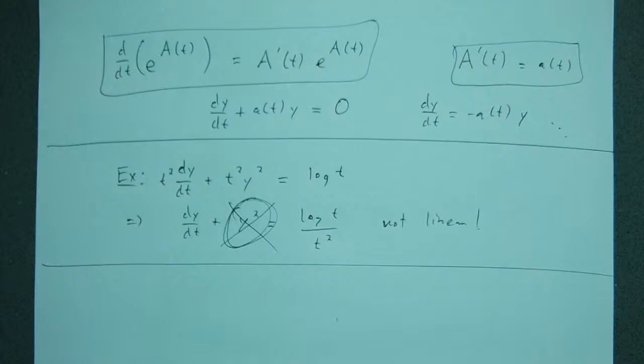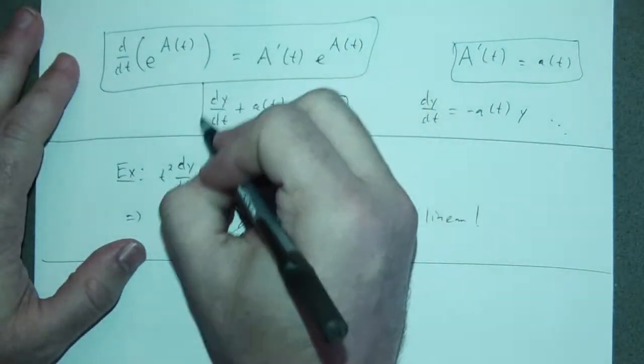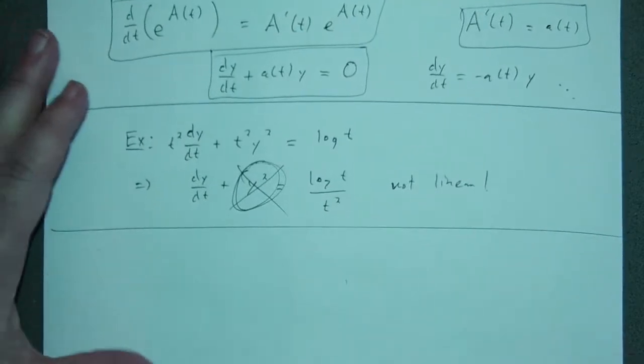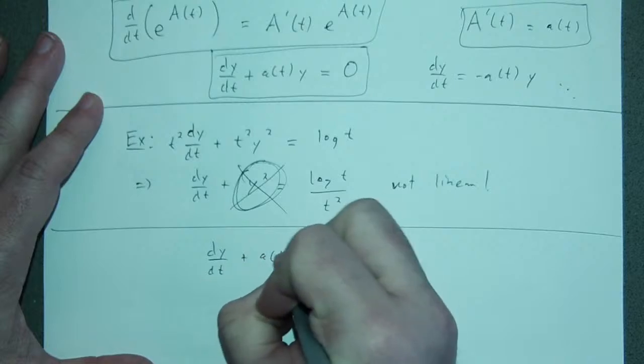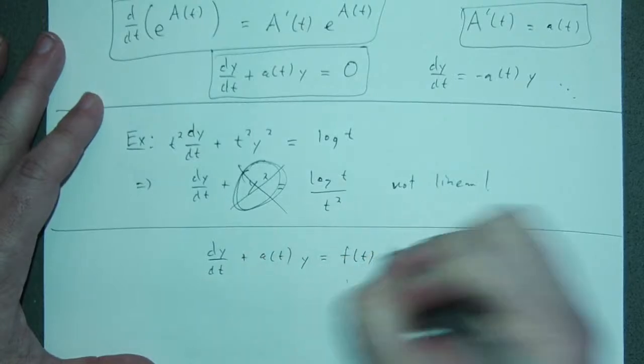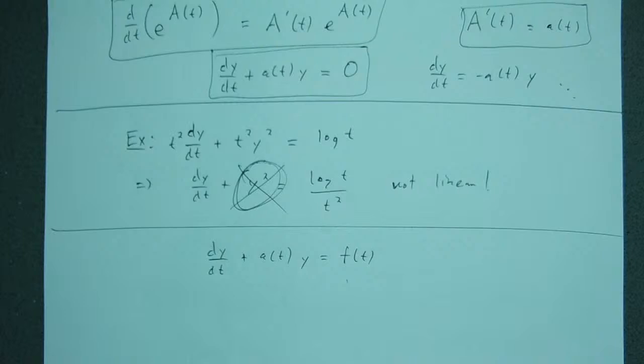Now, what's my idea for how to go forward when I don't have a homogeneous equation like this? Let's say that instead I have a completely general linear equation that looks like this. What do I do here? In general, I'm not going to go through every single derivation in this course. A lot of times I'll just spoil the fun and immediately move to the last bit that shows how everything works.